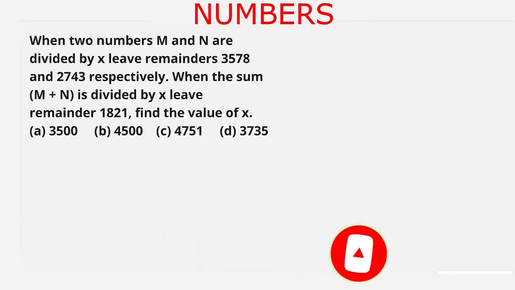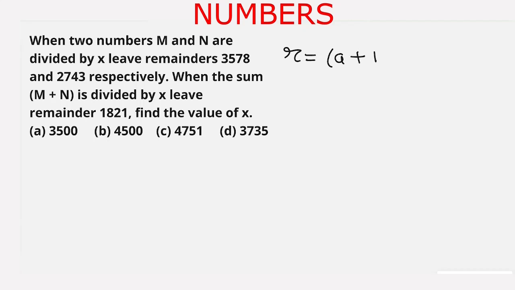We know that the final remainder equals the remainder of the first number plus the remainder of the second number minus the divisor, which is x. Therefore, x equals a plus b minus r.